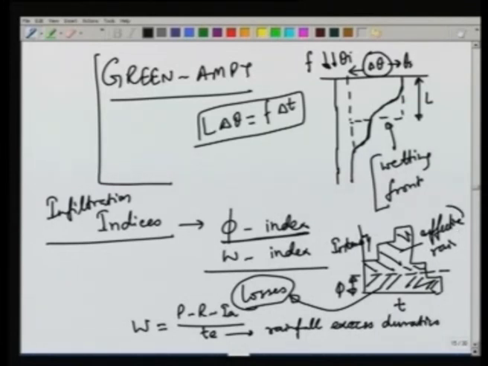So, this we can call effective rain, or we can also sometimes call it rainfall excess, which represents the amount of rainfall which causes runoff in this case. So, these two indices, phi and W indices, have been commonly used to represent the infiltration.